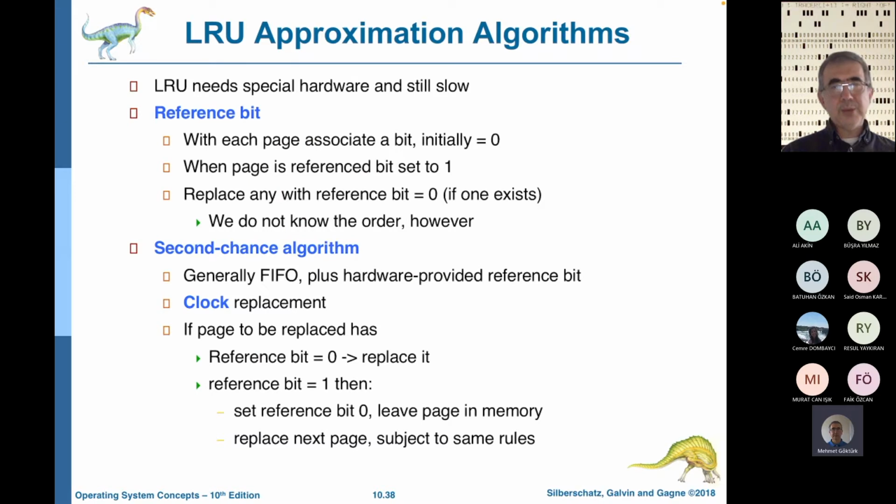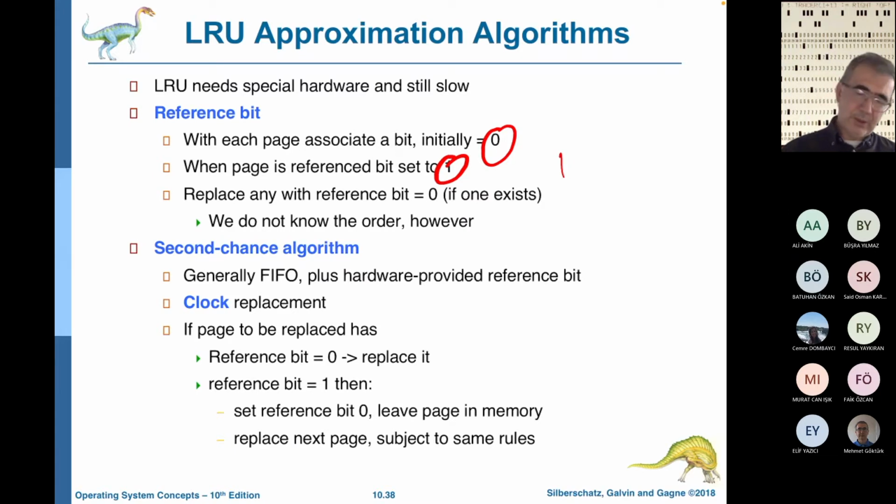Again, counting is difficult, so instead you may need to have age 0 and age 1. Depending on your implementation, 1 may mean new or 0 may mean new, no problem. So we call it the clock replacement algorithm.